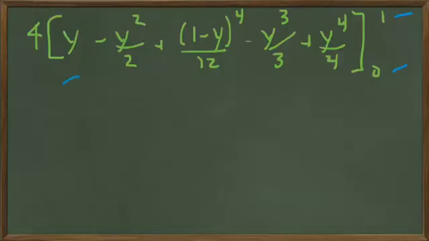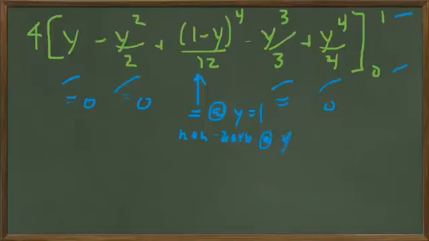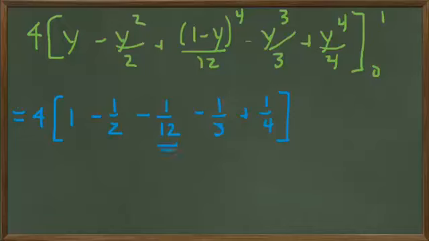So this term, this term, this term, and this term are going to equal 0 when we plug in 0, whereas this term right here actually equals 0 at y equals 1, and then we have to calculate it at y equals 0. So let's go through those calculations, and note that for this one here, that's when we plug in 0, so it's the negative of this at 0.